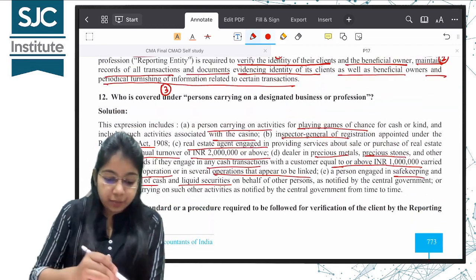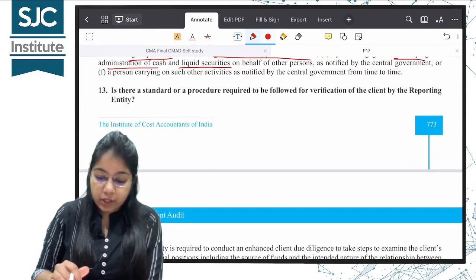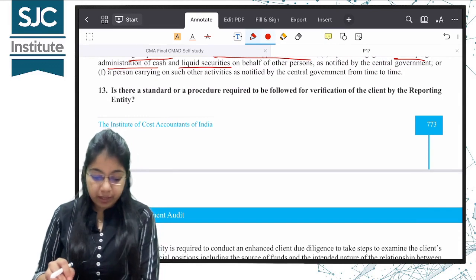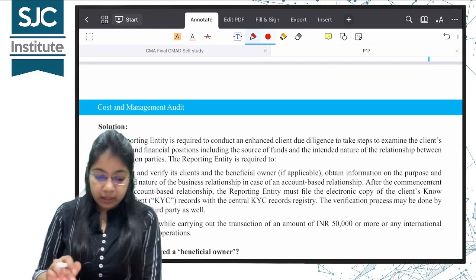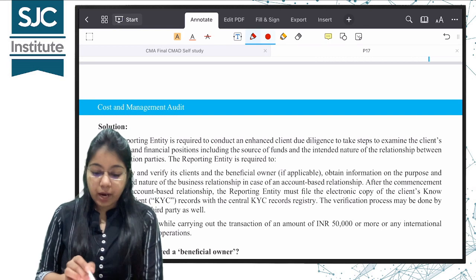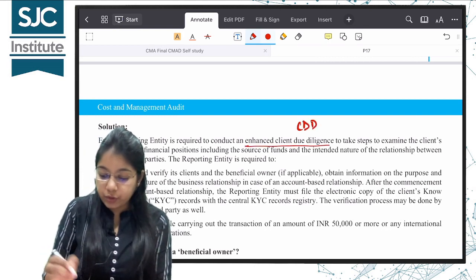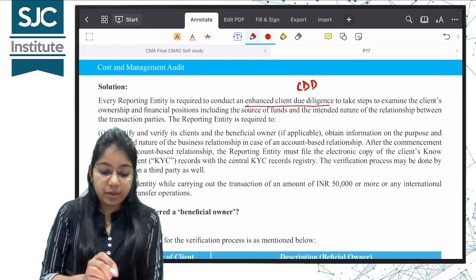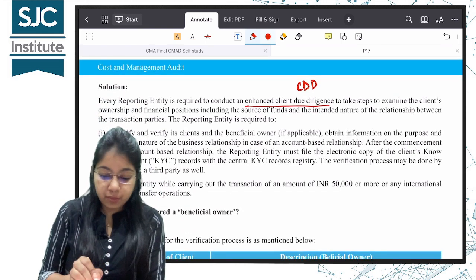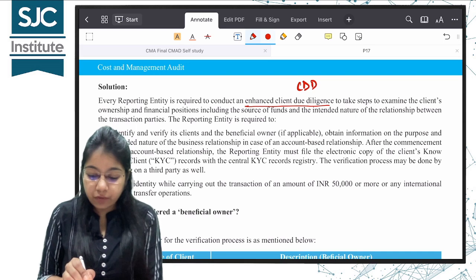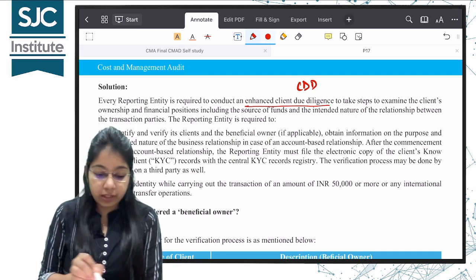Is there a standard procedure required to be followed for verification of the client by the reporting entity? Every reporting entity is required to conduct an enhanced CDD, client due diligence, to take steps to examine the client's ownership and financial positions, including the source of funds and the intended nature of the relationship between the transaction parties.